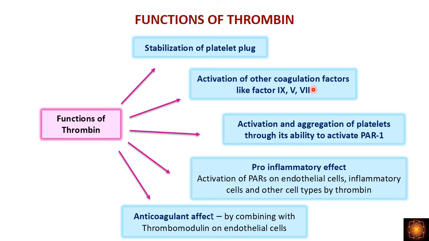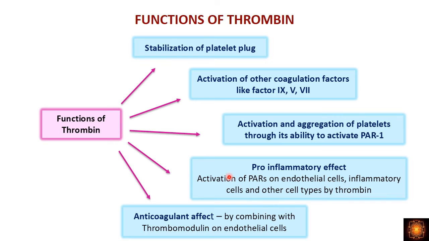And another important function is it causes the activation and aggregation of the platelets, through its ability to activate the PAR1 molecules. Then another important effect is it has a pro-inflammatory effect. It goes and attaches to the endothelial cells, inflammatory cells, and other cell types, and activates them. So these cells will be releasing the inflammatory mediators again.